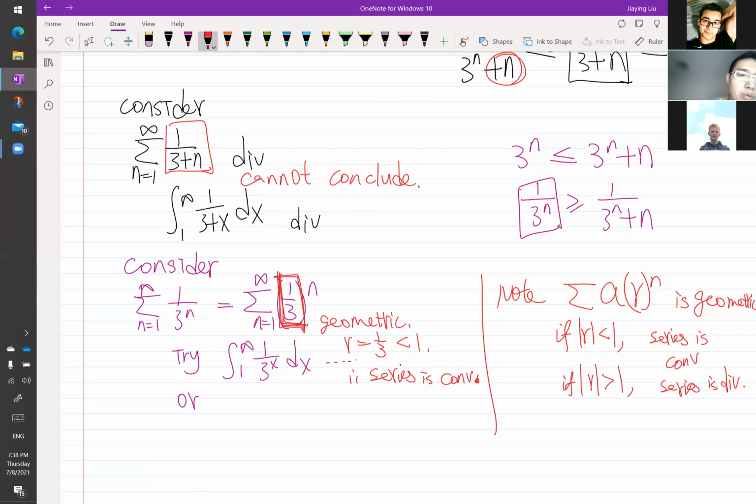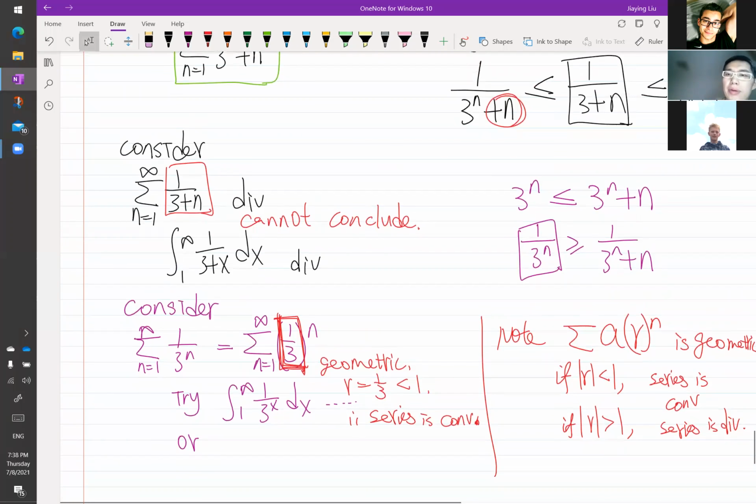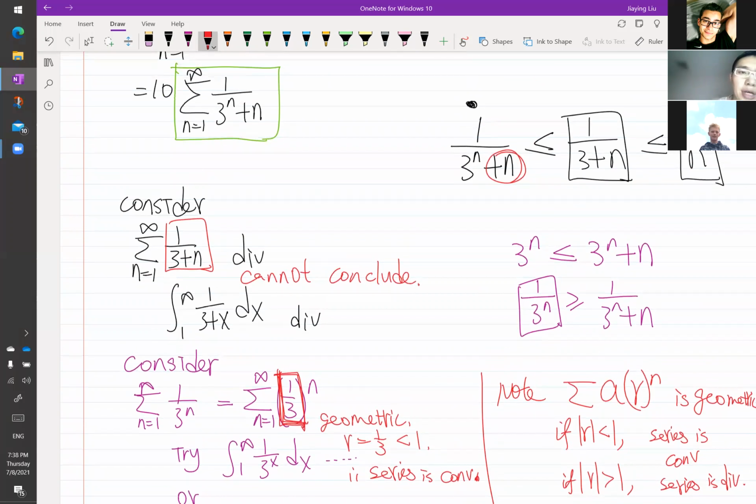So when we use 1/3 to the n, we found out that the series is convergent. But remember that 1/3 to the n is greater than the one that we want to know. So the bigger series is convergent. To go back to what I had earlier in the green box, 10 times the series is less than or equal to 10 times the series of 1/3 to the n.